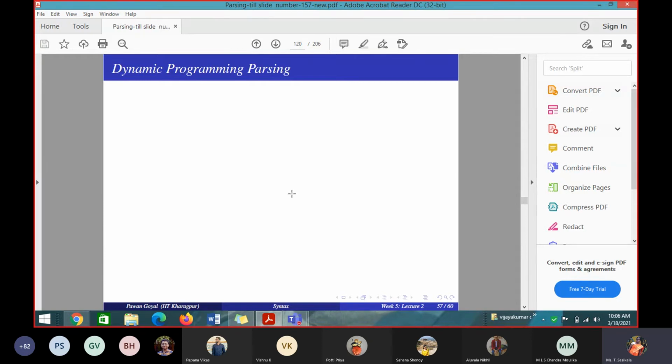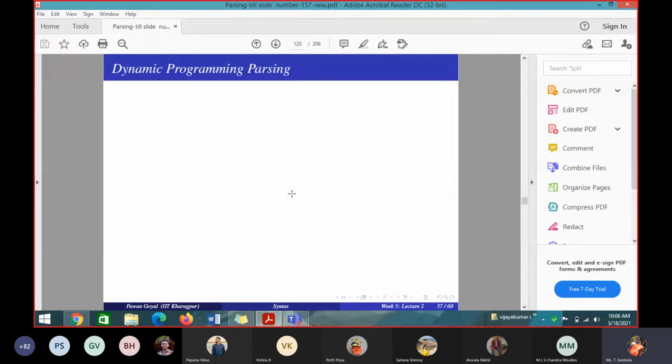So to avoid all these issues of top down and bottom up parsing, we use a dynamic programming approach to obtain an efficient parsing algorithm. No need for the trial and error method. In one pass itself, I can find the path using the dynamic programming approach.